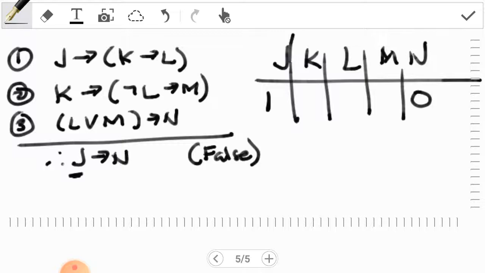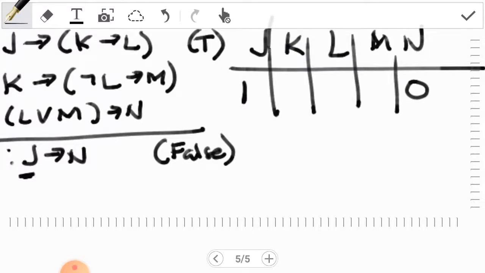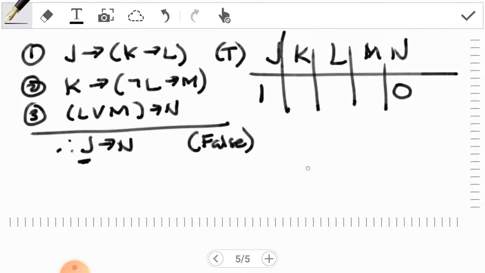Let's proceed with premise number 1. Since we already have the value of J, we want this premise to be true. If you want, we can rewrite it here, and I hope this will not confuse you.